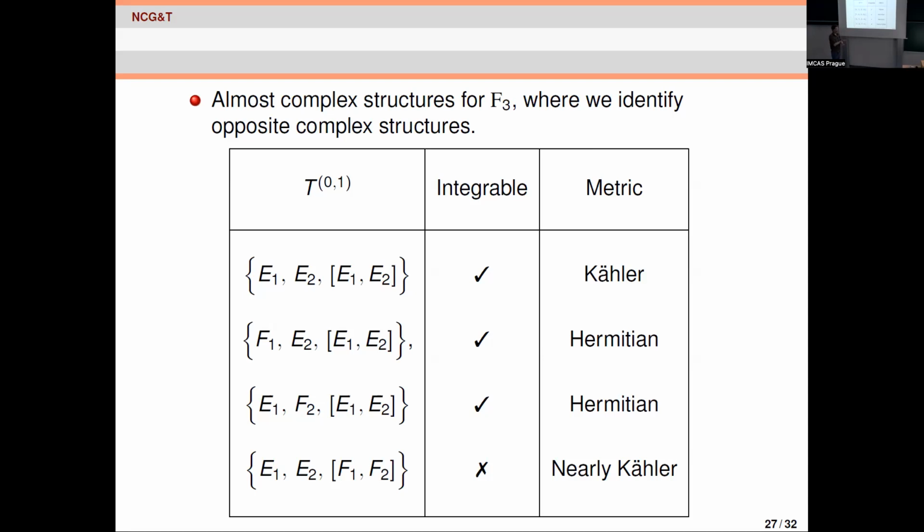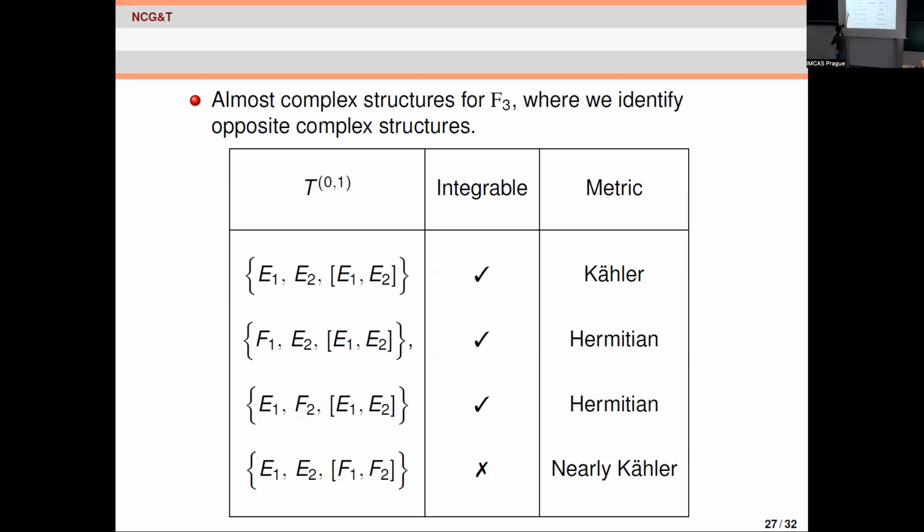So you cut out half of them, and what you're left with is 4 almost complex structures, classically. And this works in general for all the full flag manifolds. It's going to be 2 to the rank minus 1, if I remember, or rather, the number of almost complex structures is 2 to the number of positive roots minus 1, when we've identified opposite complex structures.